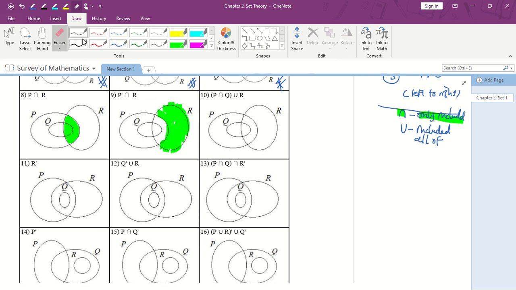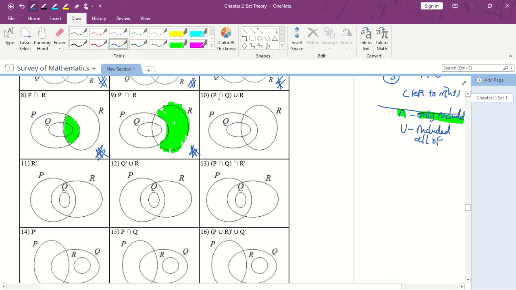This is the region that doesn't touch R. The others I have cleaned, and this is the region that only touches R. Okay, then done.